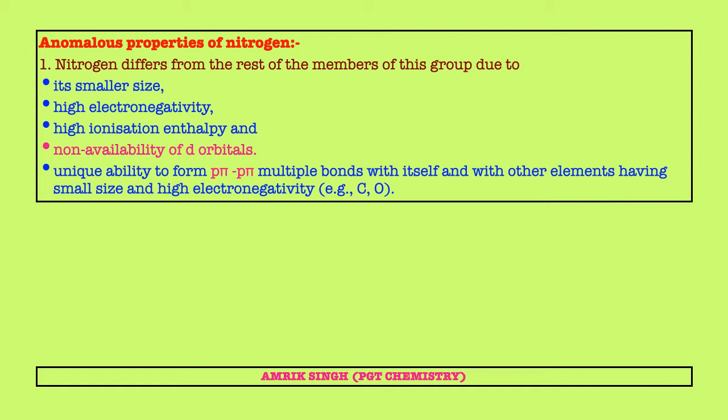Nitrogen differs from the rest of the members in this group due to: number one, small size, high electronegativity, high ionization enthalpy, non-availability of d orbital in valence shell, and unique ability to form p-pi multiple bond with itself and with other elements having small size and high electronegativity, for example carbon and oxygen.